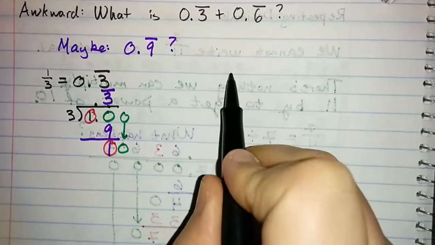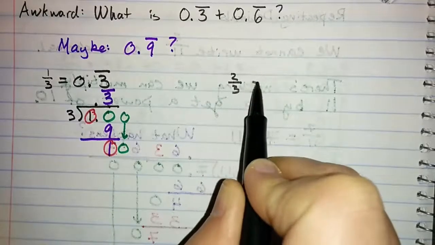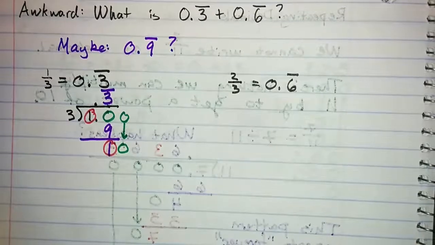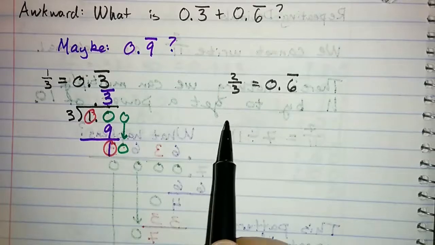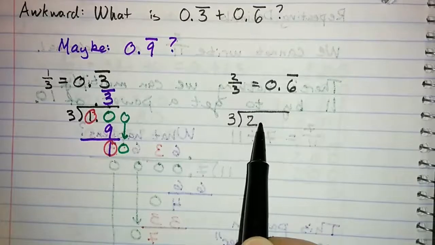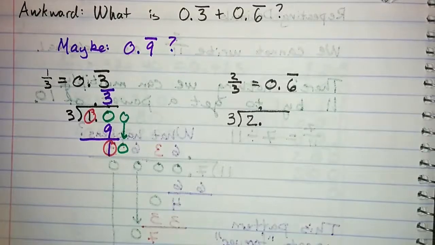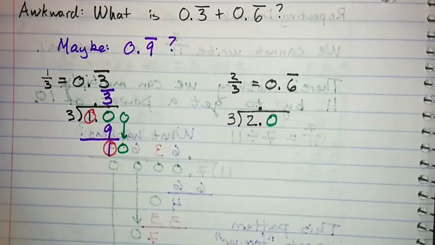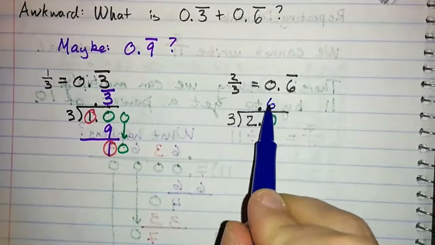It also turns out that 2/3 is 0.6 repeating. I'm going to have you pause the video and try that division. Pause the video now. We see 3 goes into 2 point. 3 goes into 2, not at all, so we add a 0. 3 goes into 20 6 times.